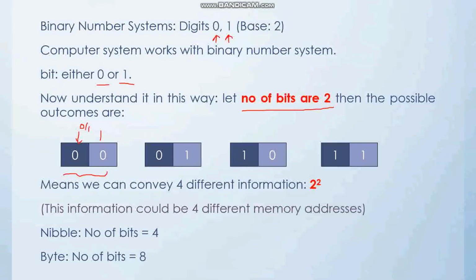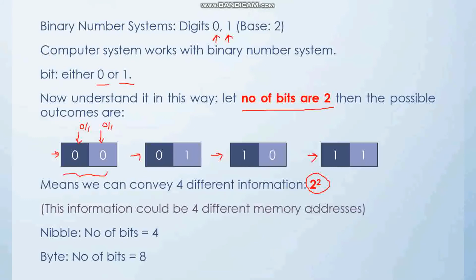Similarly, the second bit can take value either 0 or 1. So now I am making the combinations. The first combination is 0 0, the second one is 0 1, the third one is 1 0, and the fourth one is 1 1. So I can say mathematically that there are 2 raised to the power 2 possible combinations. So it means I can convey 4 different pieces of information.